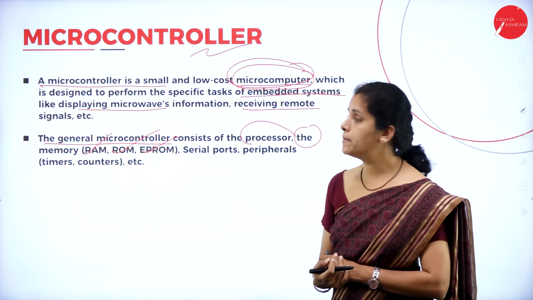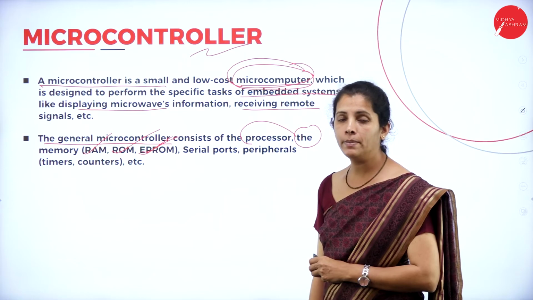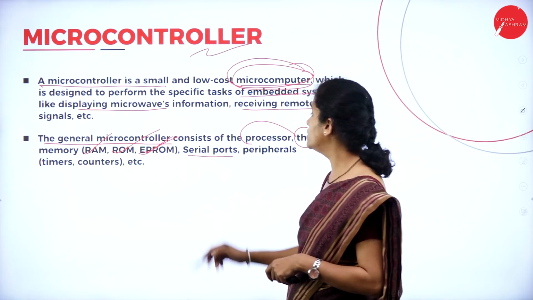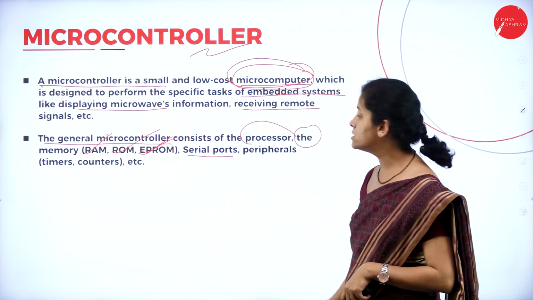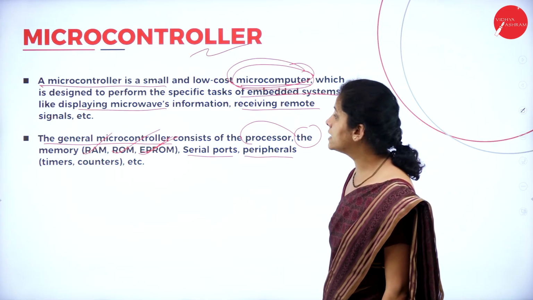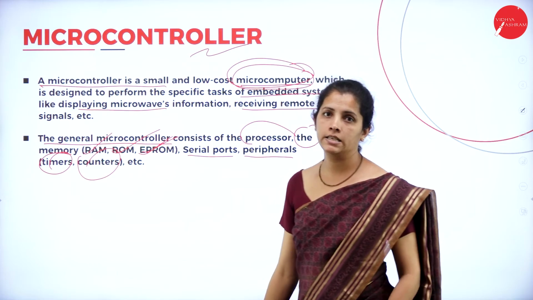ROM, read-only memory. And what is EPROM? Erasable programmable read-only memory. Along with that, it includes serial ports. And it also includes peripherals, that is nothing but timer as well as counter, etc.